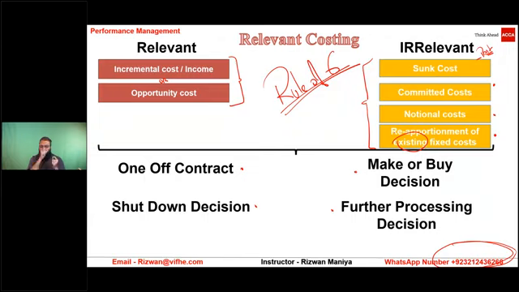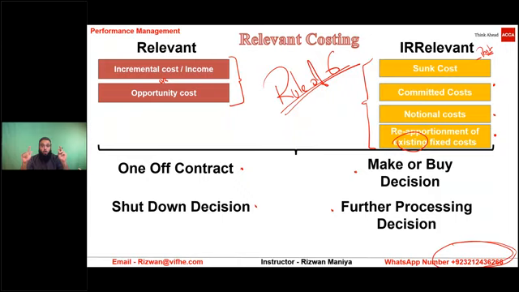I have a factory and I'm paying the rent here. Now I got one job. Because this is a job I'll conduct in my existing factory, I am charging a portion of the existing fixed cost to that job, a certain amount.